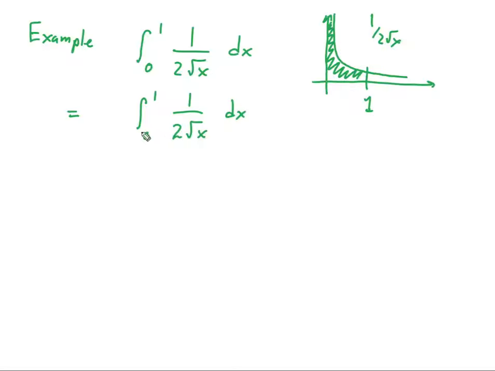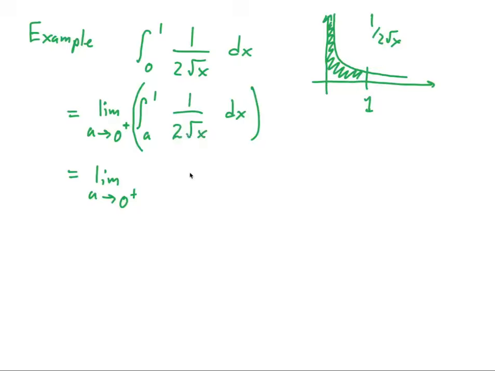So we first remove the problematic limit of integration, and then we take a limit as that value approaches the true value from the proper side, from the right-hand side. We evaluate this integral just as we would using fundamental theorem of calculus part 2, and then we evaluate the limit afterward.